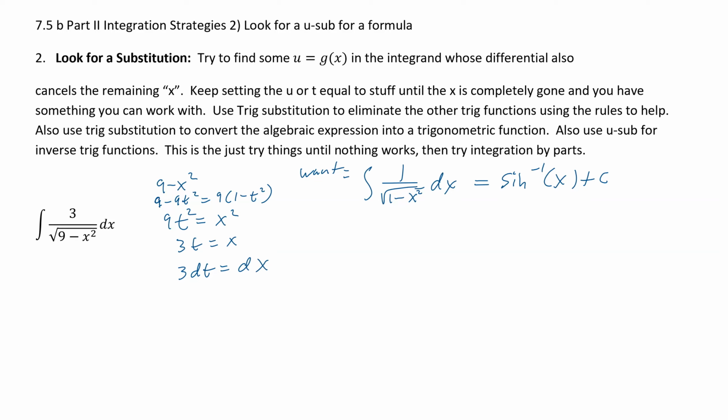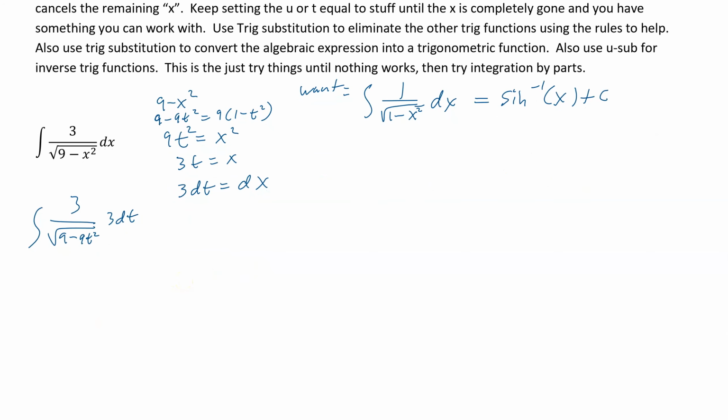Well, now we plug everything in. So we have 3 over the square root of 9 minus, and again, our x squared is 9t squared. And then our dx is 3 dt. So we end up with the integral of 9 dt over, and we can now factor out that 9 like that.